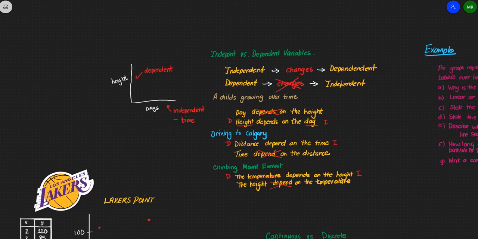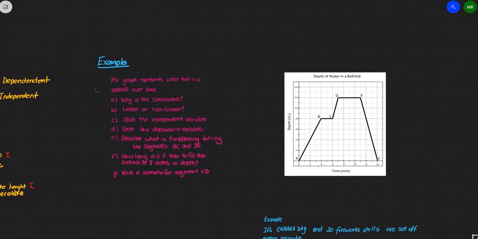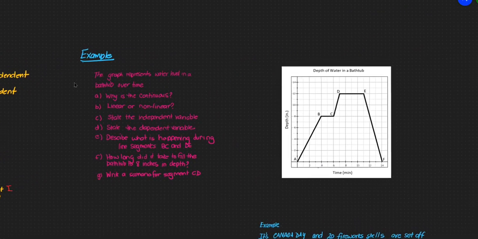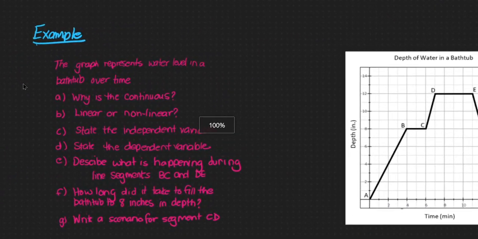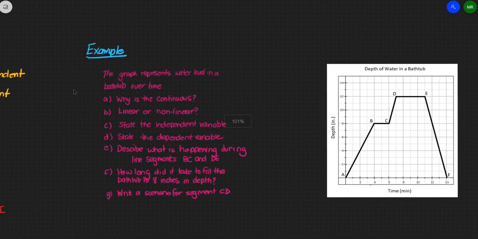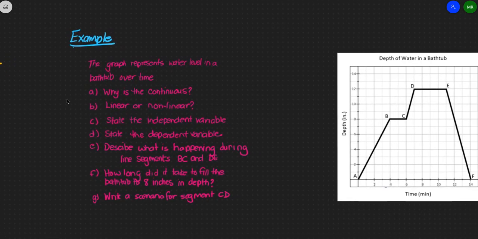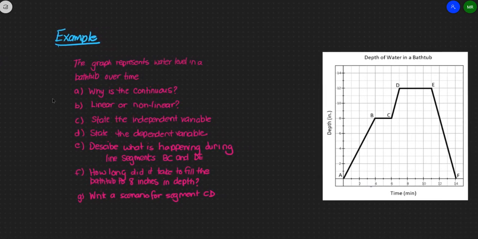So the next thing we're going to look at is this example over here. Here we have a graph that represents the water level in a bathtub over time. So I want you to pause the video, take a moment, and answer the questions below. Why is it continuous? Is it linear or nonlinear?